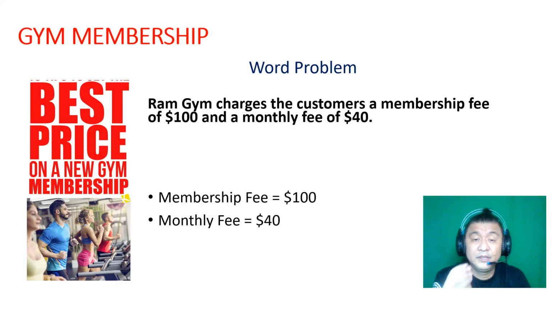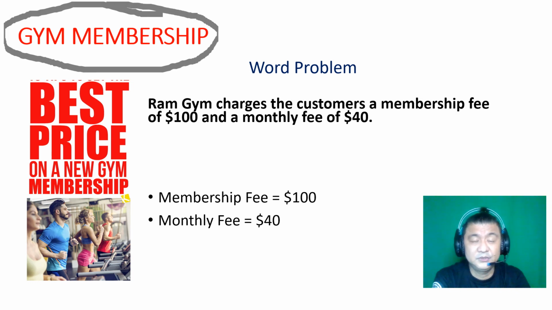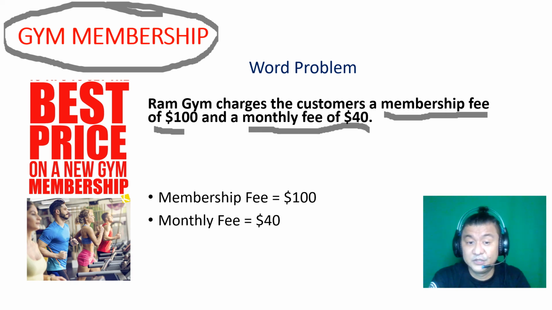Okay, one application is gym membership. Probably you know this, or your siblings, or your friends, your uncles, they enroll to a gym, and in the gym, you have to pay a membership fee of 100 bucks and a monthly fee of $40.